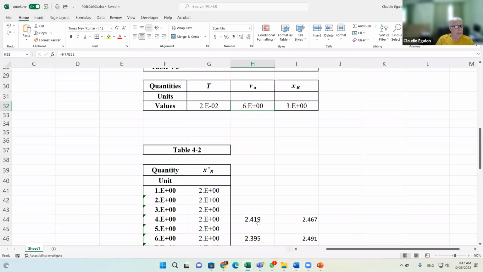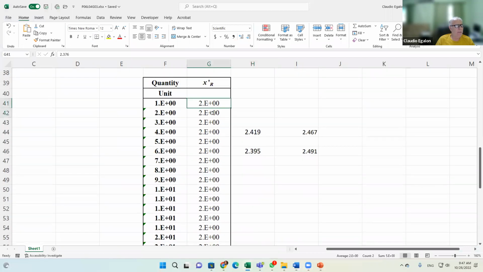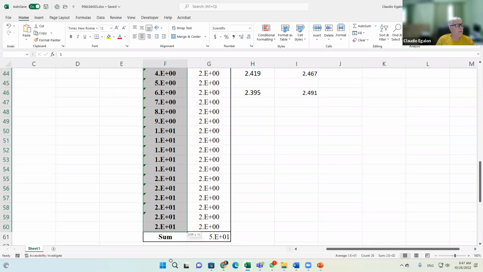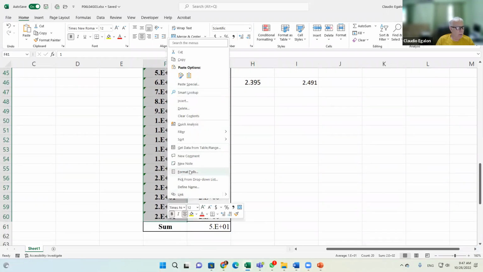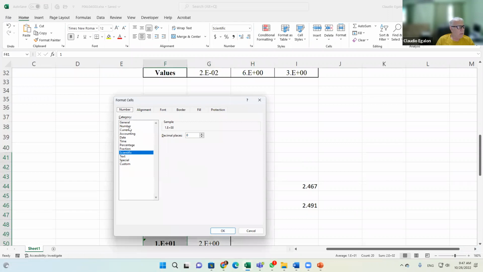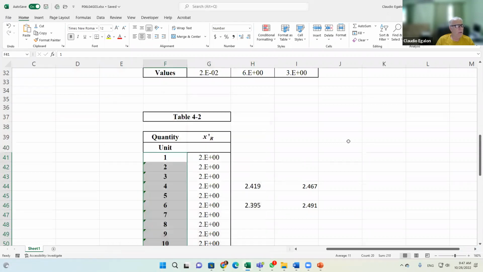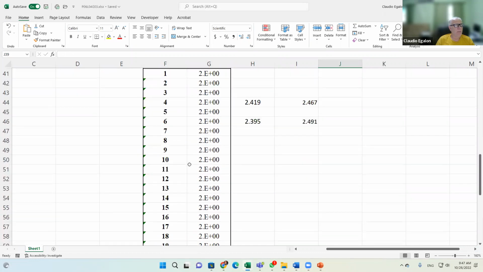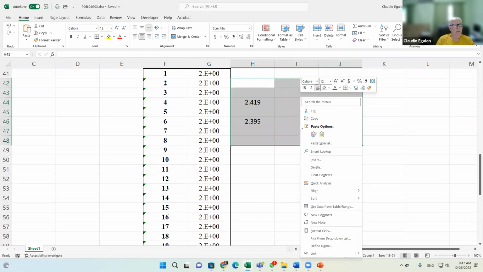That's what the next table is all about: firing the projectile 20 times. I can change the format here because it's not important. You go number with 0. Good. Now you can see measurements 1, 2, 3, 4, 5, 20 measurements. Let me erase that. You don't need that. Okay, clear.